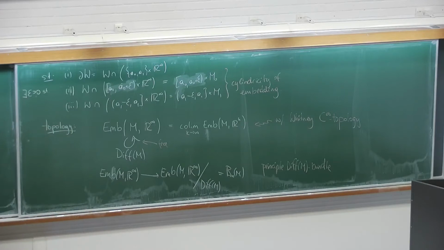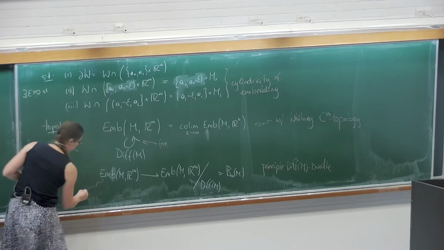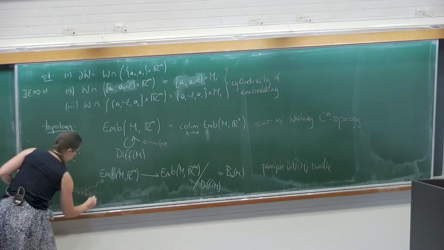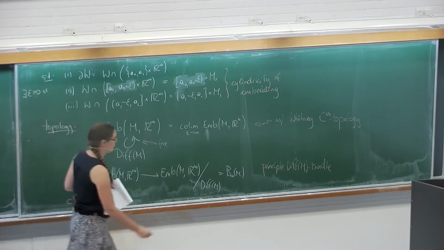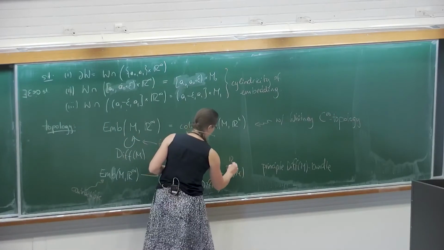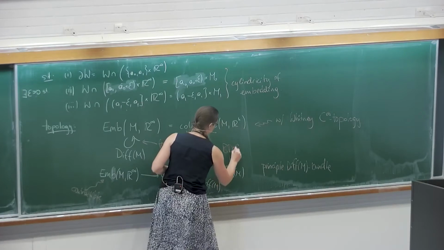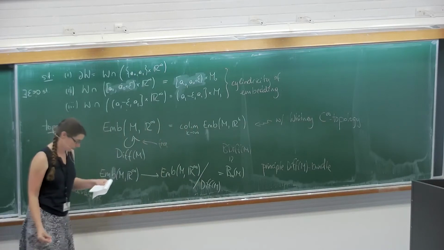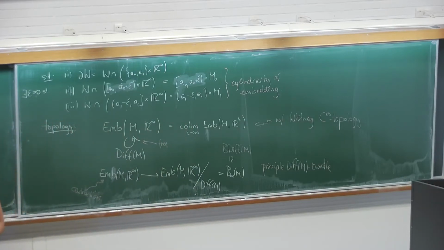So if we go back to Whitney's embedding theorem, the last point that I made was that the space of embeddings is contractible. So this is contractible. So that means that this B infinity of M is a model for the classifying space of diffeomorphisms of M. And this is what we will want to use to topologize.